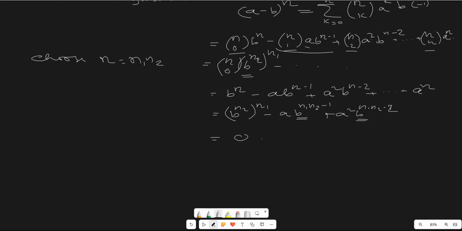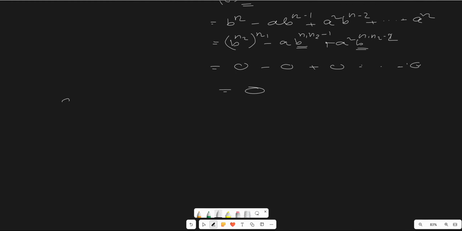This is 0, minus 0, plus 0, 0. So this will be 0, right? Are you getting my point? So this is going to be the first property satisfied, that a minus b is inside n.